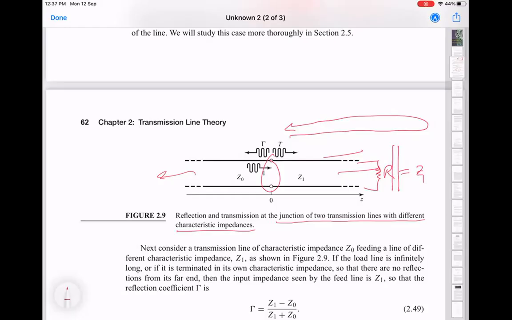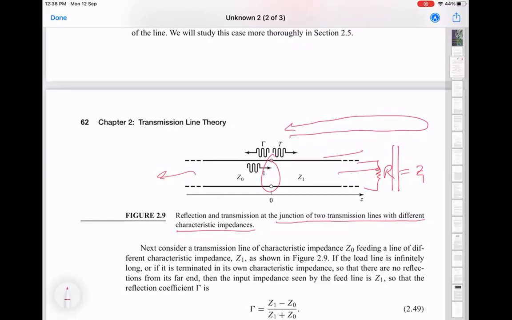Then that is equivalent to it being infinite. So locally in time, we can make the assumption that I only have to worry about a transmission line coming in of Z0 and a transmission line going out of Z1. As long as there is no time for the reflected wave to come back, if I finish my analysis in a much shorter time, it's exactly the same situation.